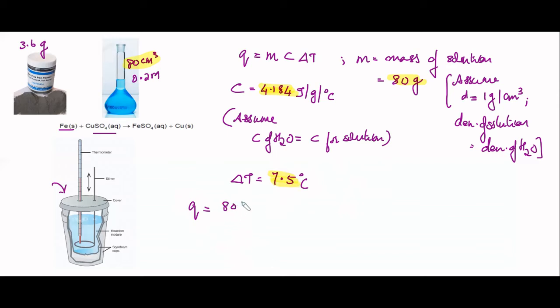So 80 times 4.18 times 7.5, I'll be getting 2,508. The unit for 80 is grams. For 4.18, it is joules per gram per degree Celsius.